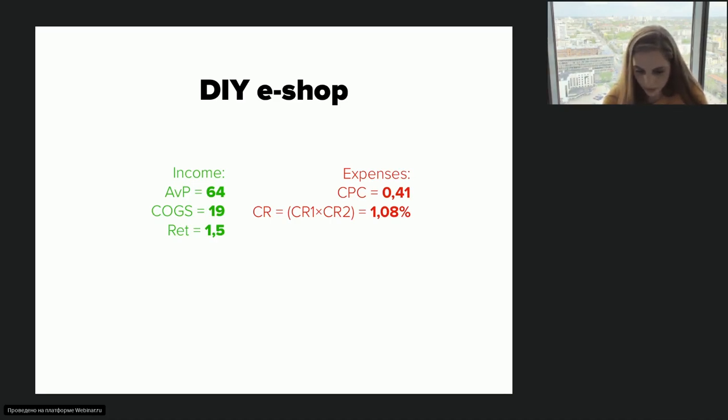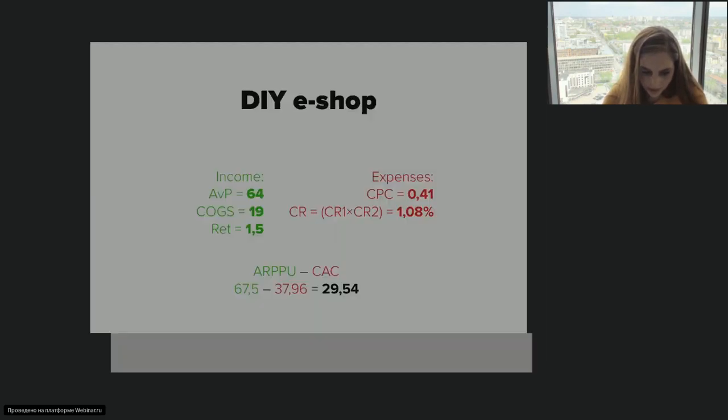That means some customers buy 3 times and some customers buy only once. The cost per click is on average 41 cents, and the total funnel conversion rate is slightly above 1%. This provides us with the profits.